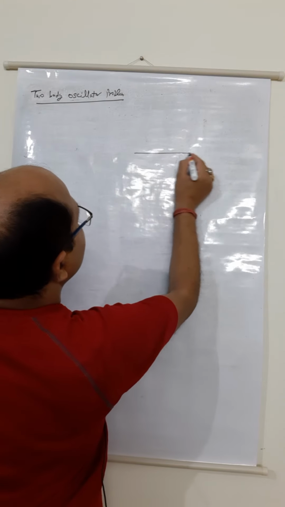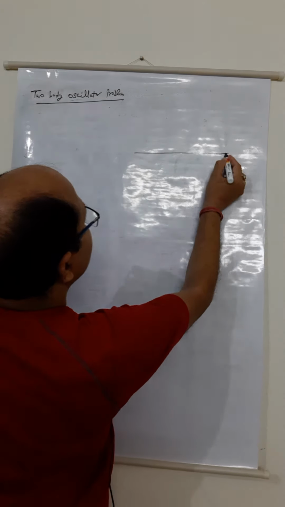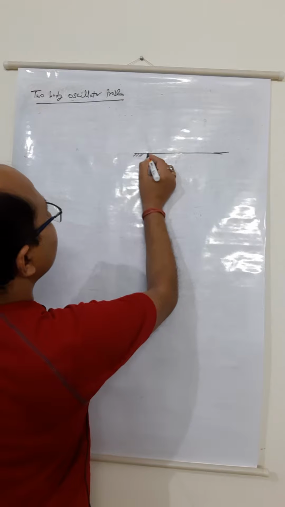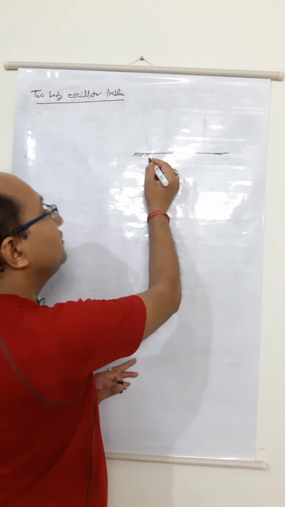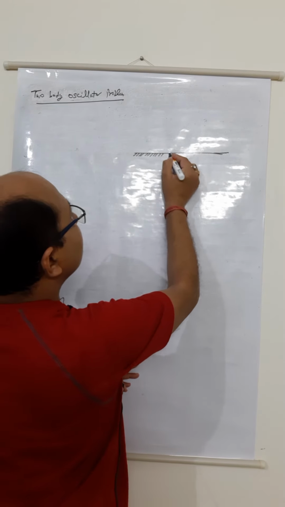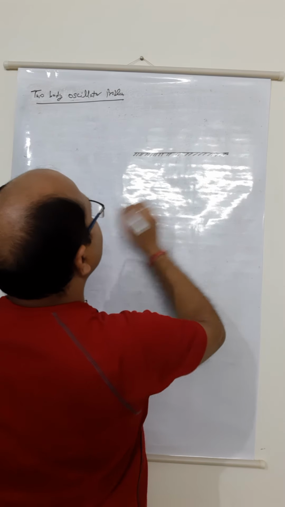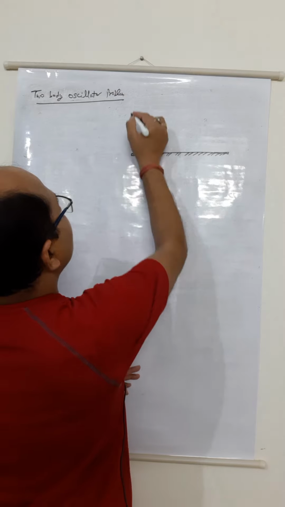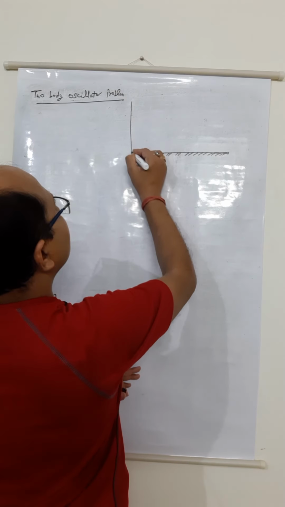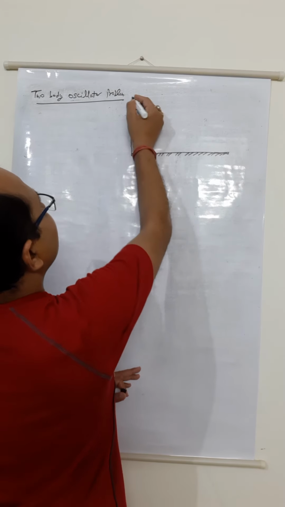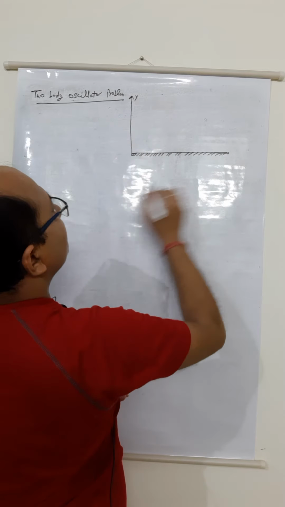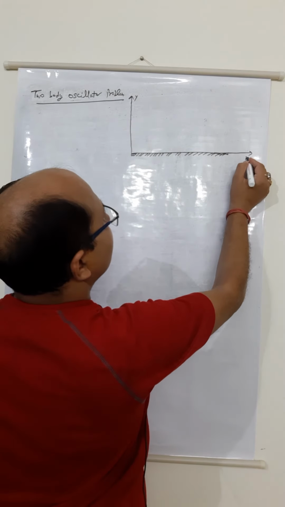Suppose this is a frictionless surface. This is the origin O, this is the y direction and this is the x direction.